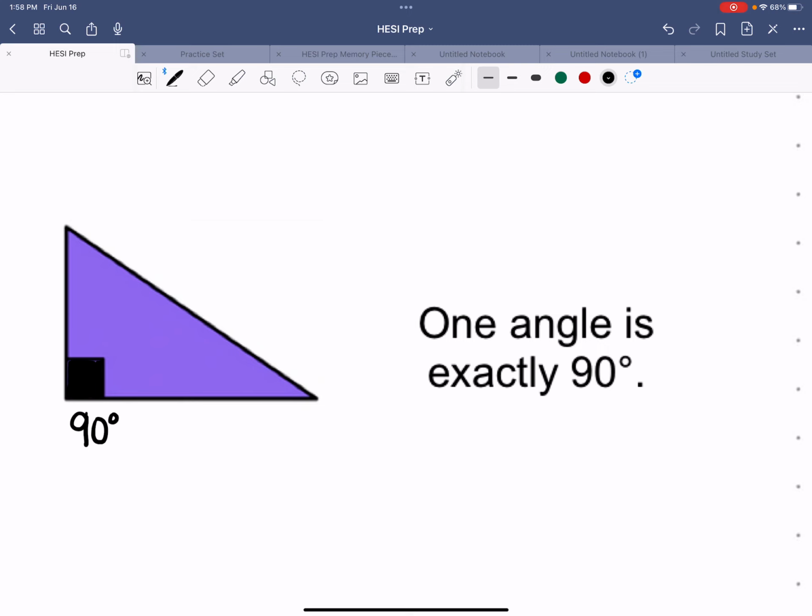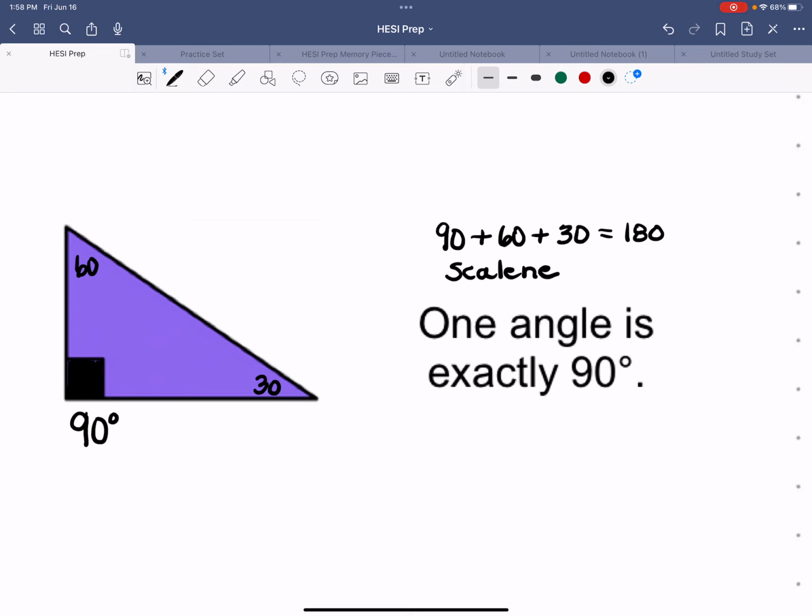And this one looks like about 60 and maybe 30. So 90, 60, 30 is 180. None of those angles match, so we could also call this one scalene.